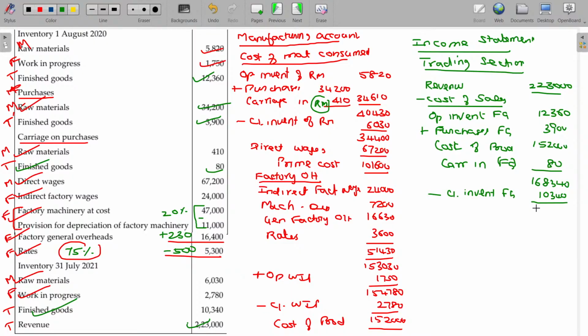Then the ultimate value being 1,58,000. If I subtract this 1,58,000 from 2,23,000, the gross profit being 65,000.